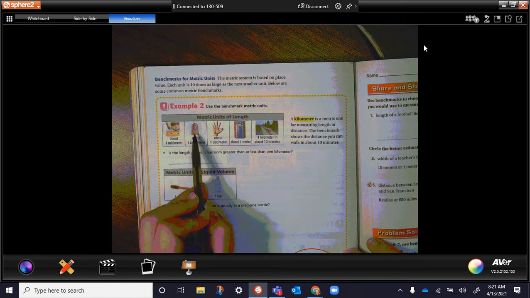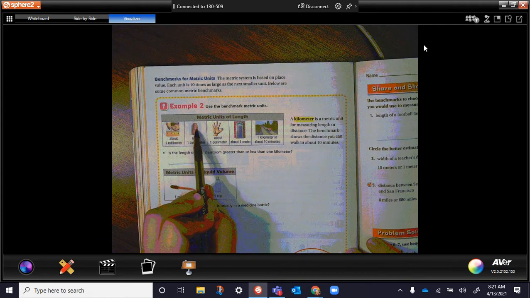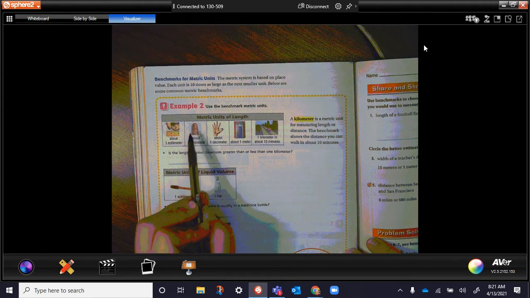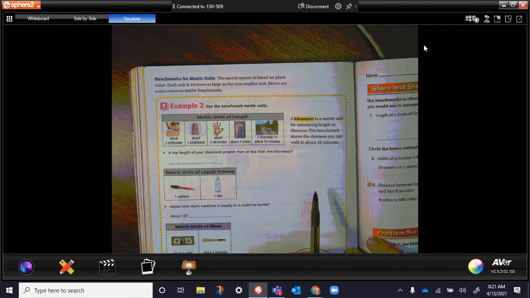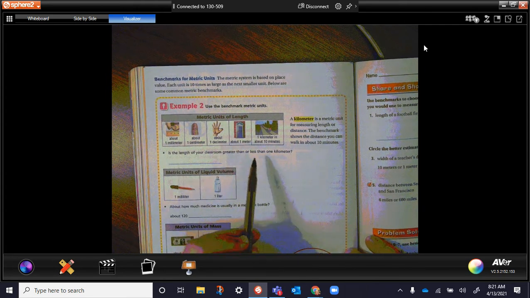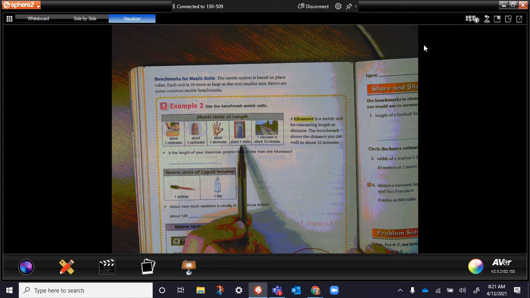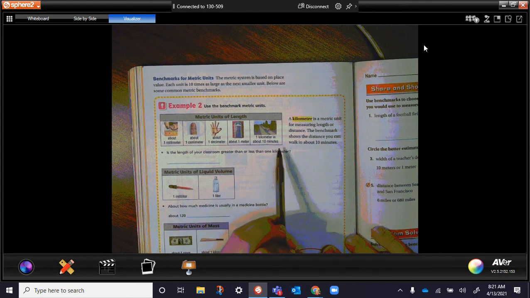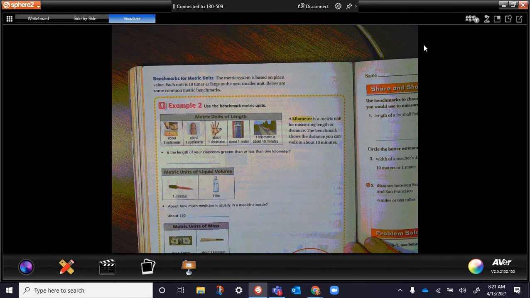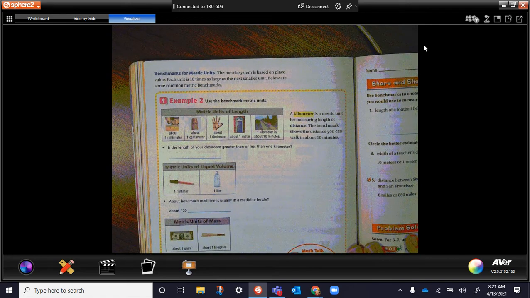A centimeter, you can think about your finger going across like this. Decimeter, from your thumb to the other side of your hand. A meter is about the length of a small child, or you can look there on the door. And a kilometer, if I was walking for about 10 minutes, that would be about a kilometer.